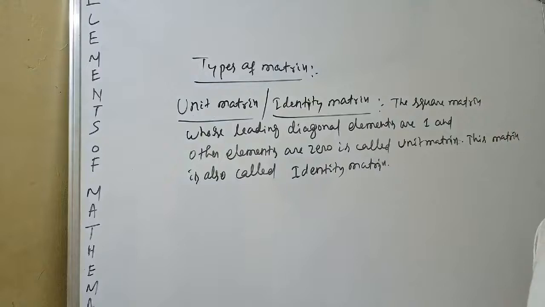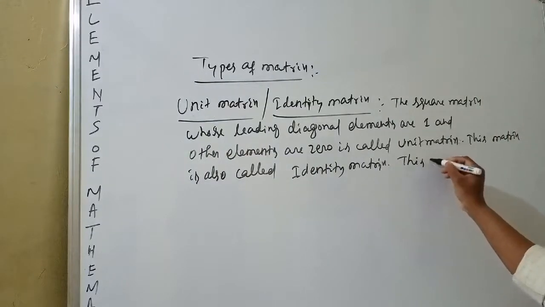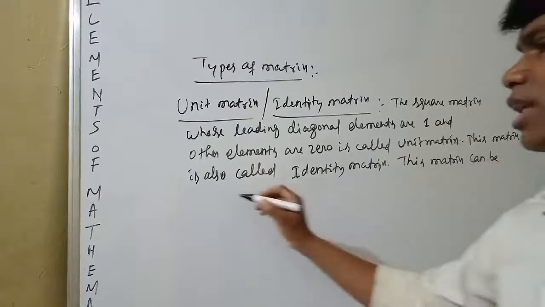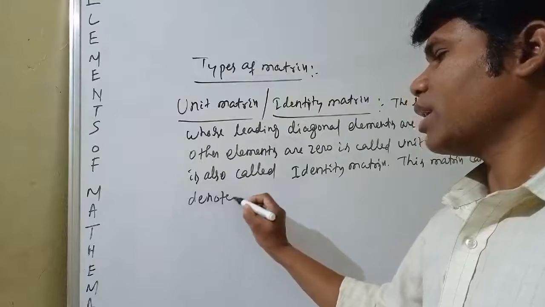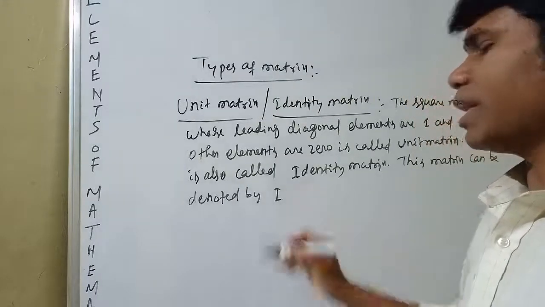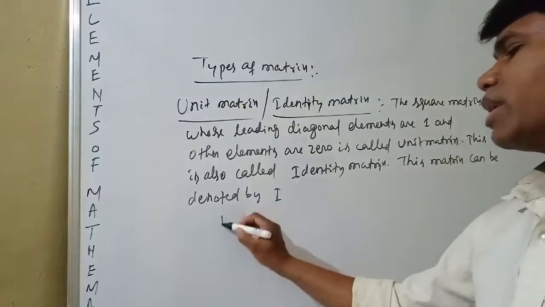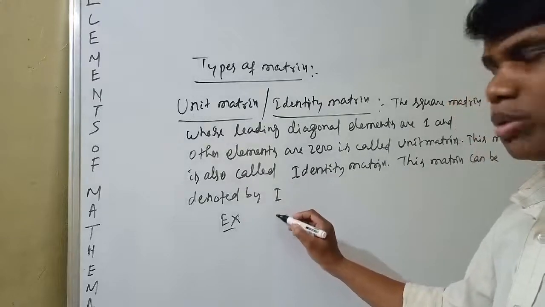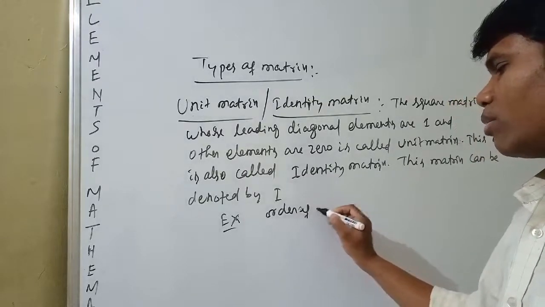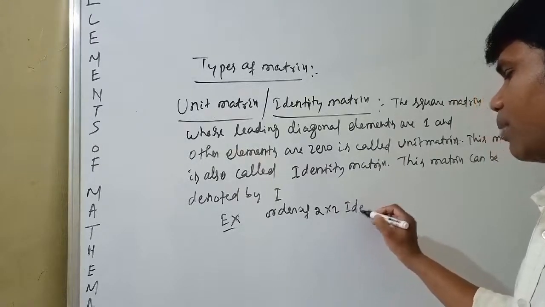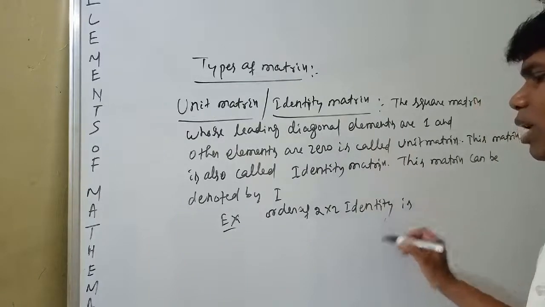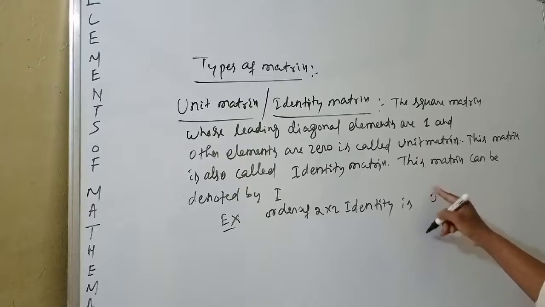This matrix can be denoted by capital I. For example, the order 2 cross 2 identity matrix, or unit matrix, is how much? 1 0 0 1.